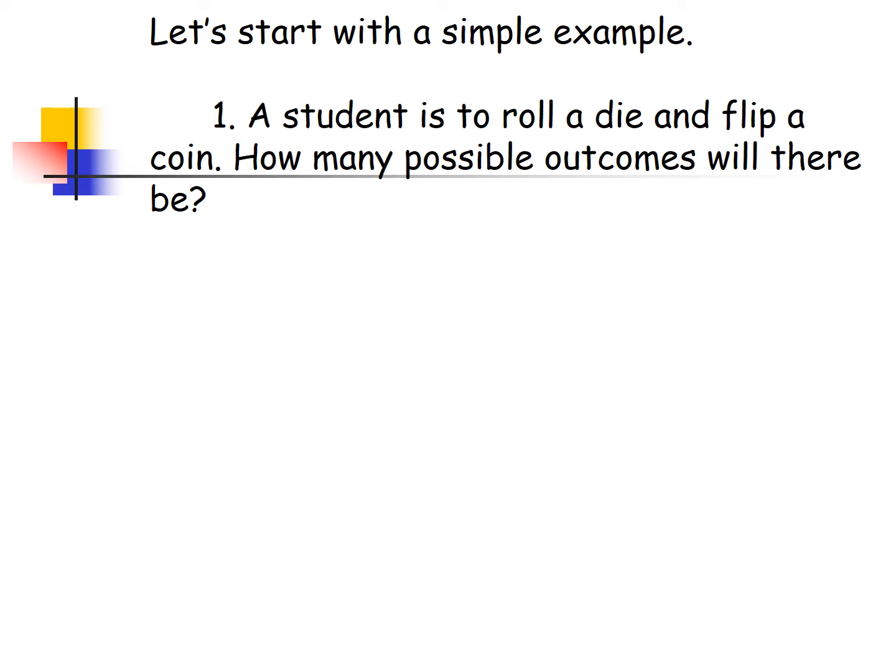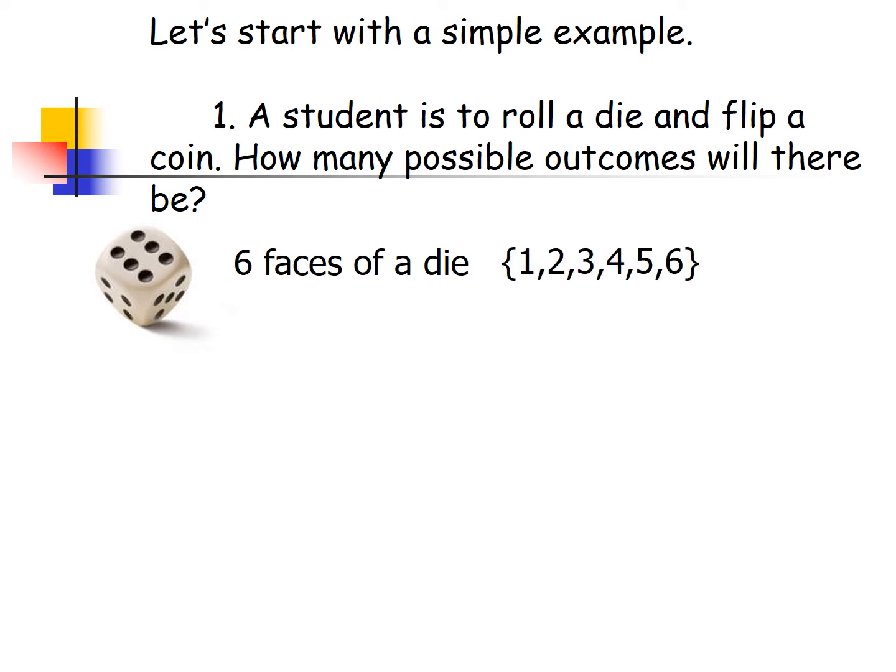Yan. So, meron tayo ditong dalawang characteristics. First, we have a die. Ngayon, a die has 6 spaces. Diba? There are 6 spaces of a die. So, ano yung mga 6 spaces ng die na yan? These are 1, 2, 3, 4, 5, 6.